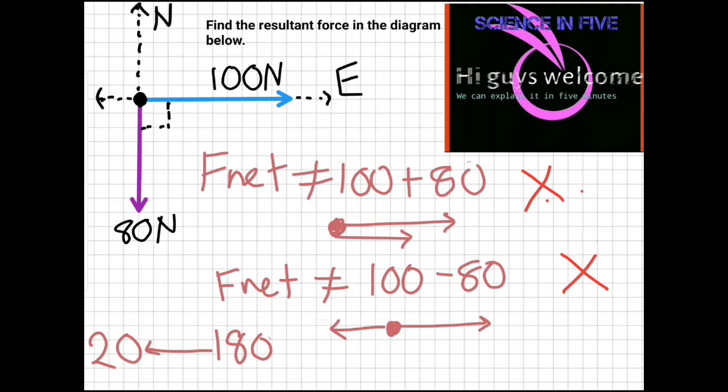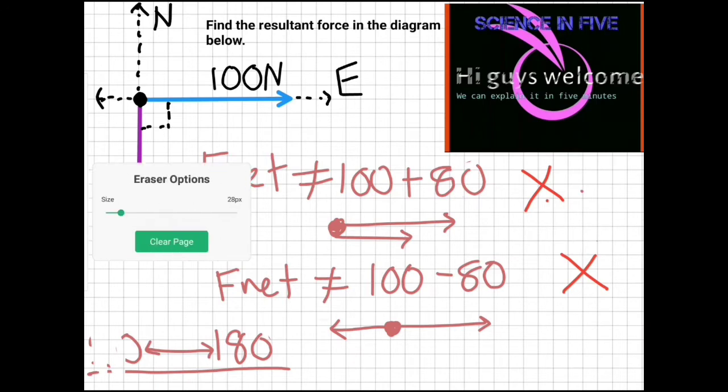So we know that the net force must be between this range of 20 to 180 newtons. Okay. These 2 forces are not adding up because they're not acting in the same line in the same direction. Neither are they subtracting each other because they're not acting in the same line opposing each other.